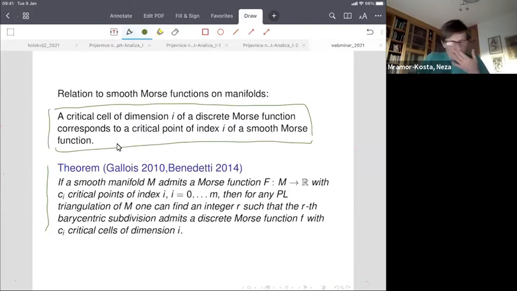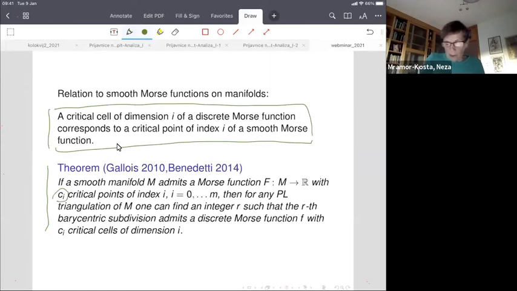The theorem essentially says that if we have a smooth manifold M and it allows a smooth Morse function with a certain number of critical points of index I, so if this C_I is the number of critical points of index I, then we can always find, for any PL (piecewise linear) triangulation of M, a discrete Morse function, not on the triangulation itself, but on a far enough barycentric subdivision.